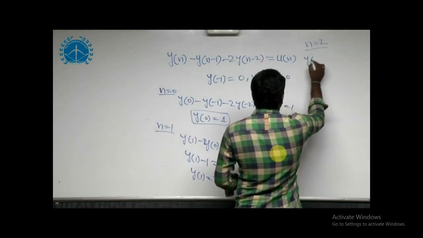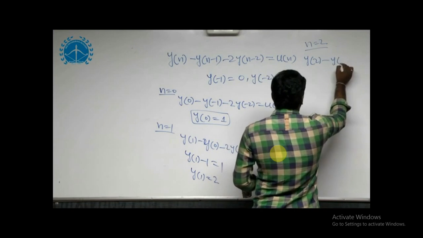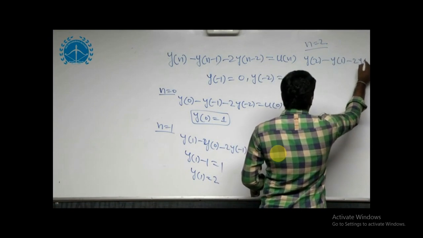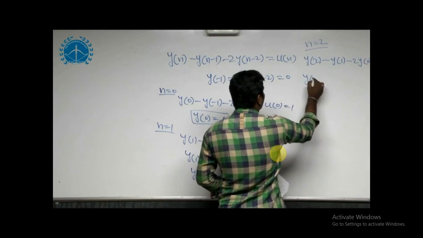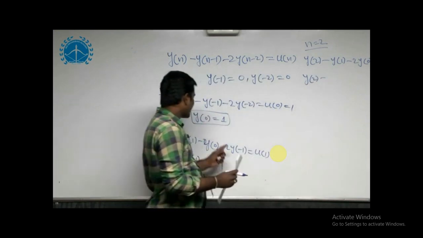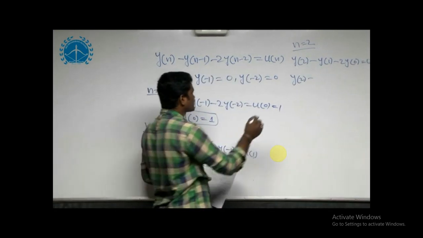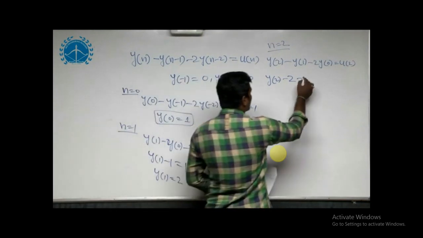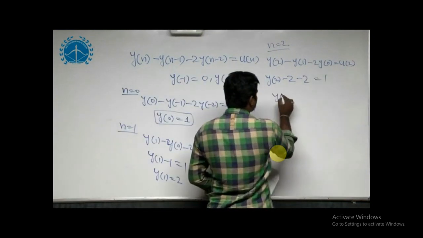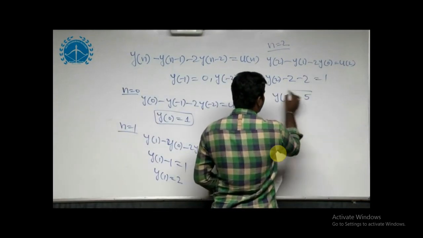Then y of 2 minus y of 1 minus 2 y of 0 is equal to u of 2. Y of 2 minus y of 1, which is 2, minus 2 into y of 0, which is 1, equals 1. So y of 2 is equal to 5.